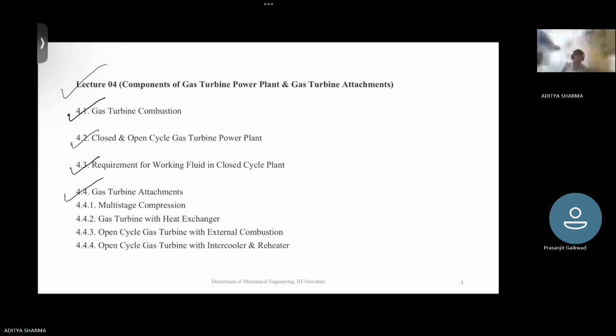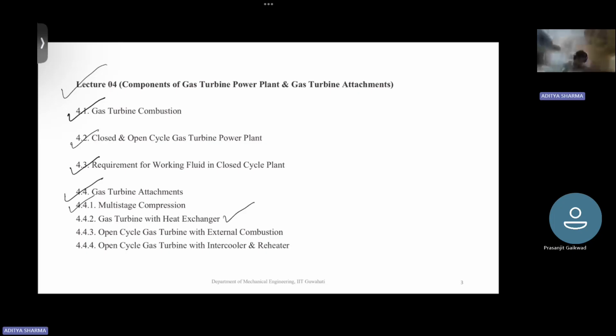Then is your gas turbine attachments. The first topic here is multi-stage compression. Then is your gas turbine with heat exchanger.